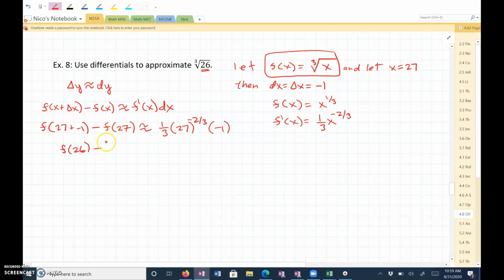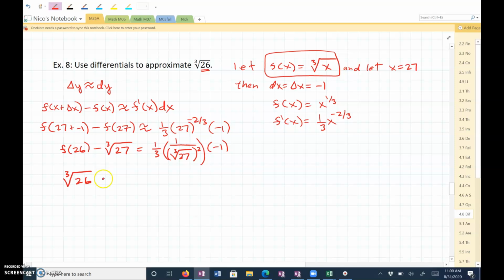f of 27 would be the cube root of 27 equals 1/3 times 1 over the cube root of 27 squared times -1. So f of 26 would be the cube root of 26.